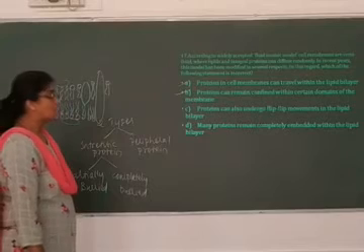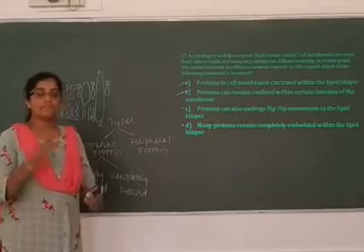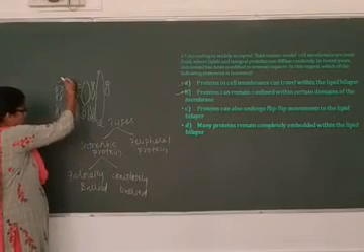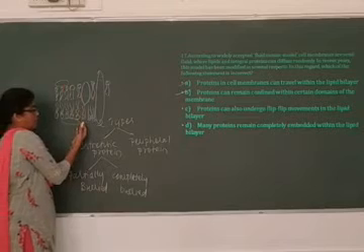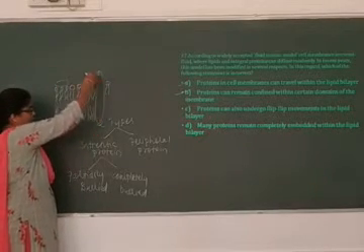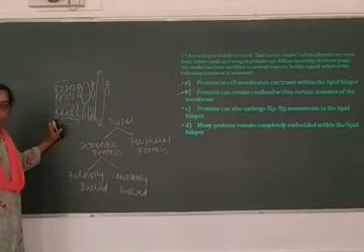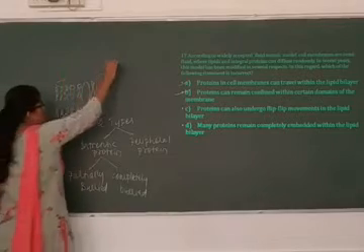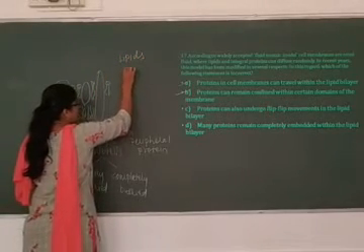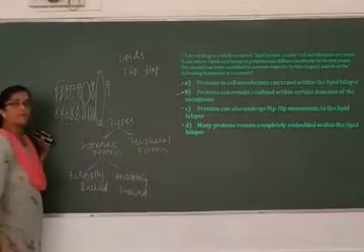Proteins can also undergo flip-flop movement in the lipid bilayer. Flip-flop means the protein that is present on the upper surface can come to the lower layer, or the protein that is present on the lower layer can go to the upper layer. This flip-flop movement is possible in lipids. Lipids in the phospholipid bilayer can flip-flop.